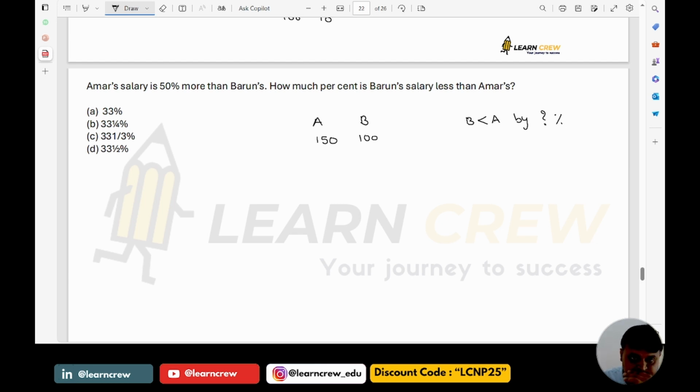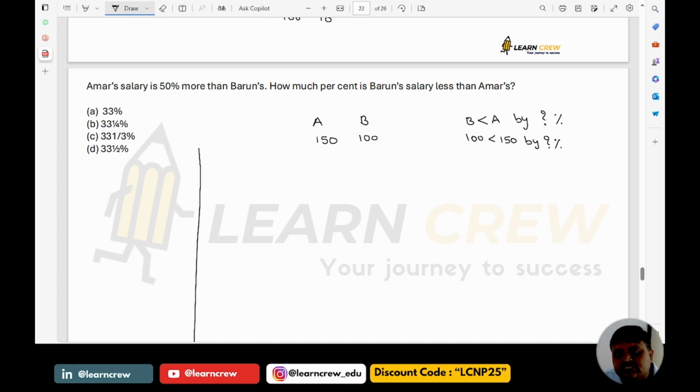So remember one value, Varun's salary how much? 100 less than 150 by how much percent? It is the question, right? So one value less than the other value by how much means it is difference, but it is asked for by how much percent. So here the important application you need to remember, very important.